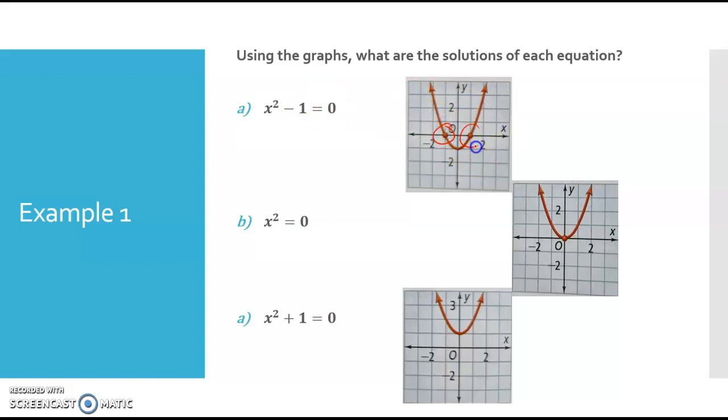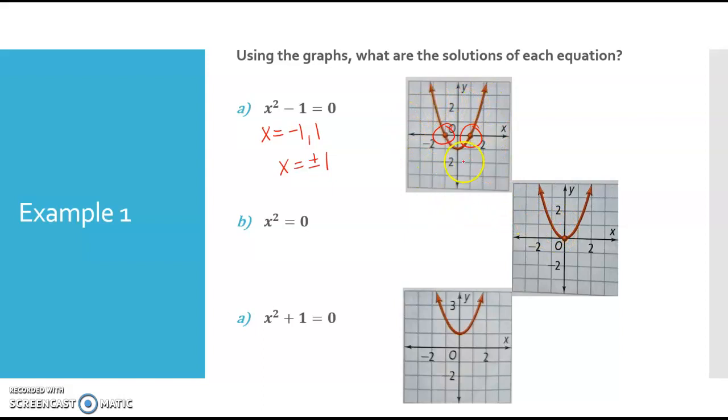Well, this is where they cross the x-axis. So my x will equal, and I didn't do it on the last one, but if they are the exact same, you can write -1 and 1, or just like when we were finding square roots in chapter 7, we can write this as plus or minus 1. Okay, and it's both. Both of those are solutions. We cross at both of those points.